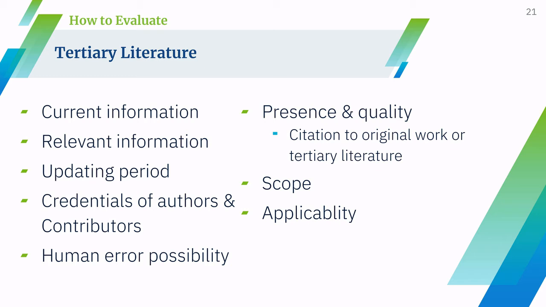Also, the credentials of the authors and contributors can influence the quality of the reference. The information provided within these resources is evaluated and interpreted, therefore, the possibility of human error should be considered. Furthermore, the presence and quality, that is, original works or tertiary literature, of reference citations within the text allows the user to evaluate the origins of the information.